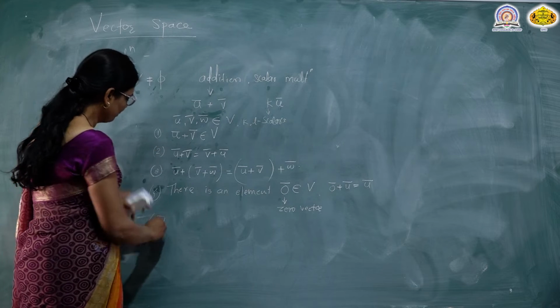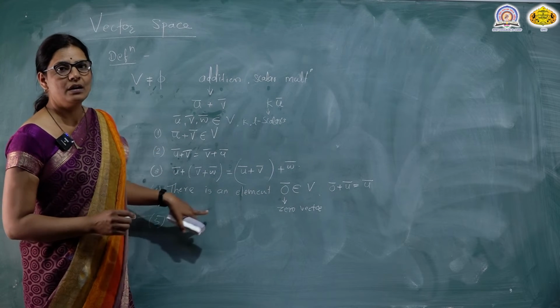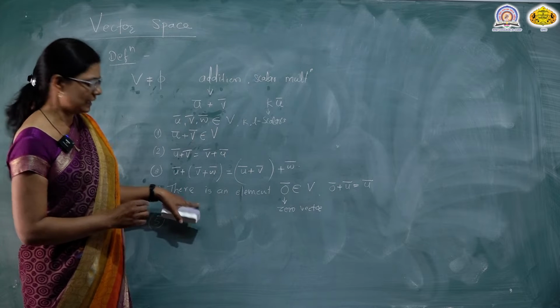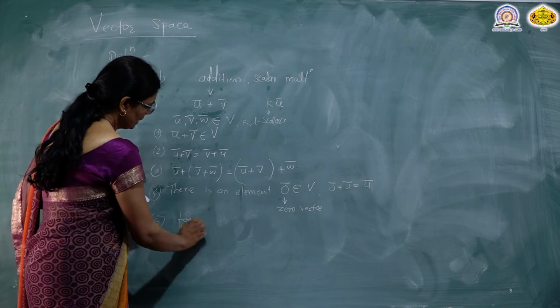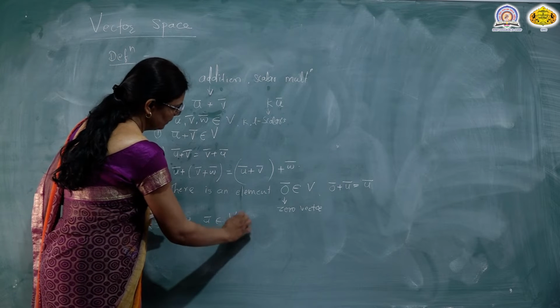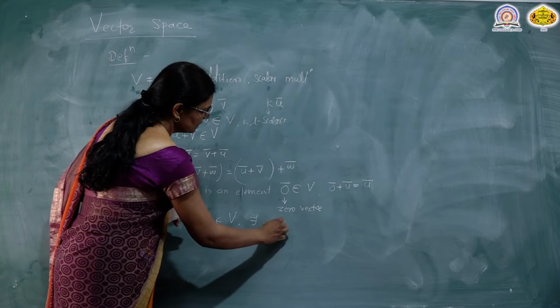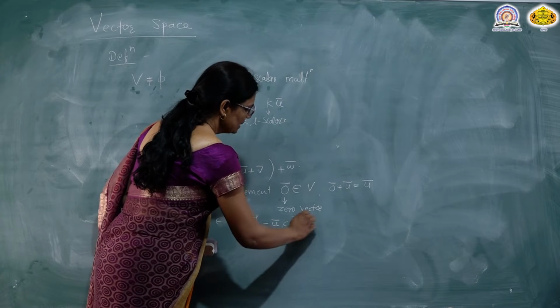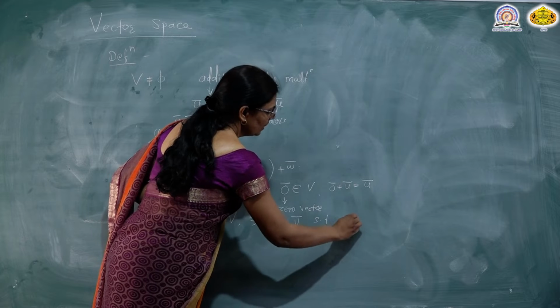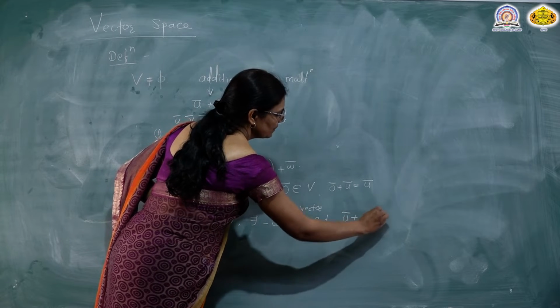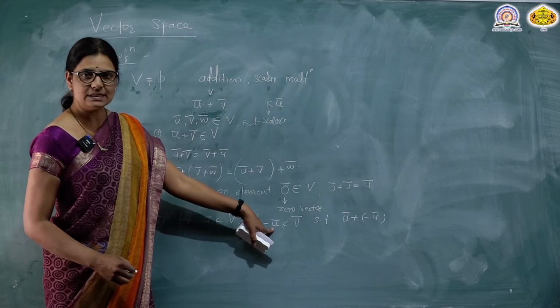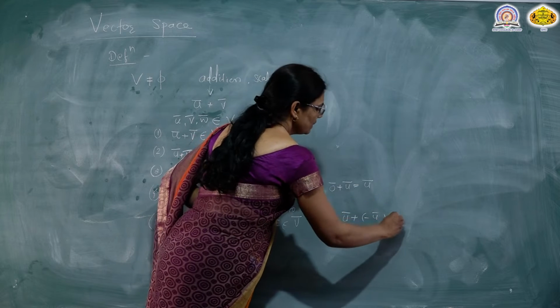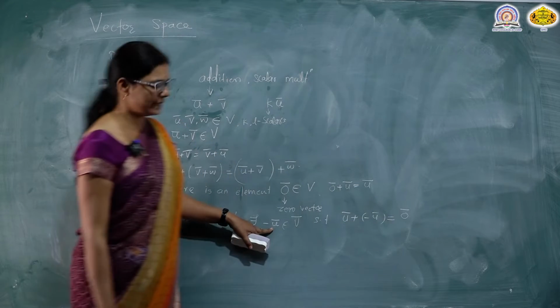The fifth property is existence of negative element. So, for any u bar in V, there exists another vector, which we denote by minus u bar, also in V, such that if you add these two vectors, u bar and minus u bar, their addition equals the zero vector.